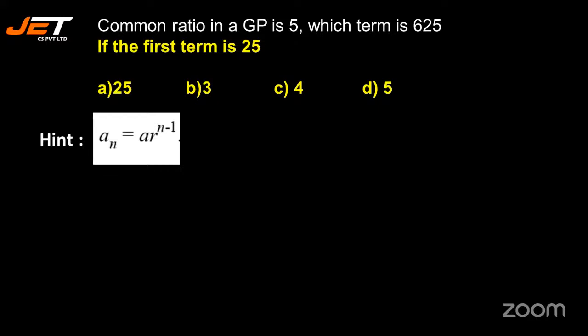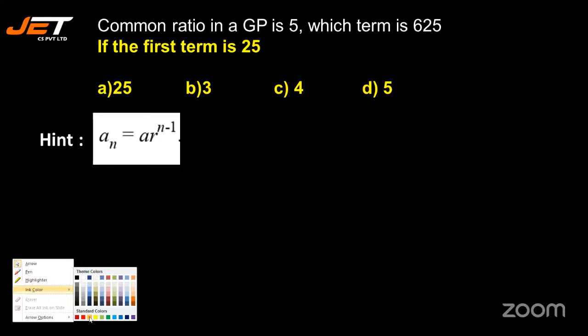The common ratio in a GP is 5. Which term is 625, if the first term is 25? Let's try doing this.